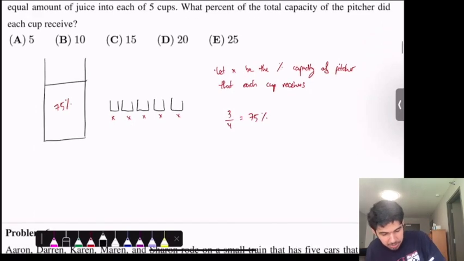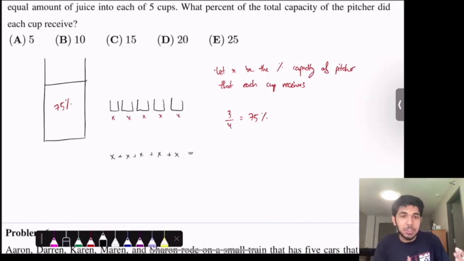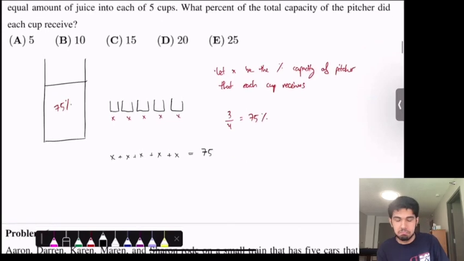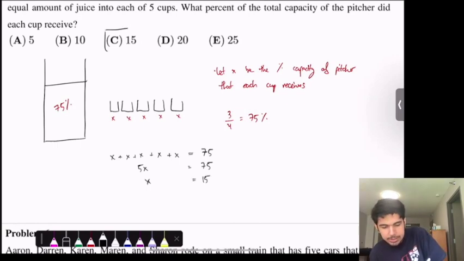So we can create an equation: x plus x plus x plus x plus x. The sum of those percentages should equal the percent capacity of the pitcher of pineapple juice that we started with. So we can solve for this. 5x equals 75. x equals 15, just by dividing by 5 on both sides. So that'll be our answer.